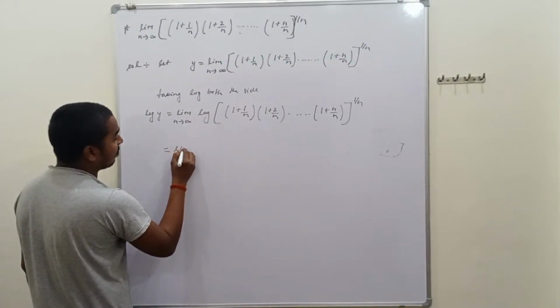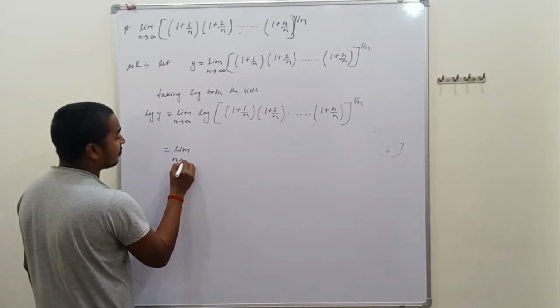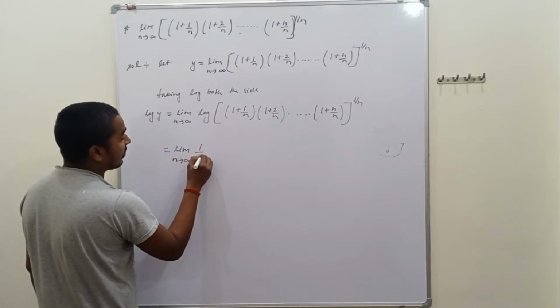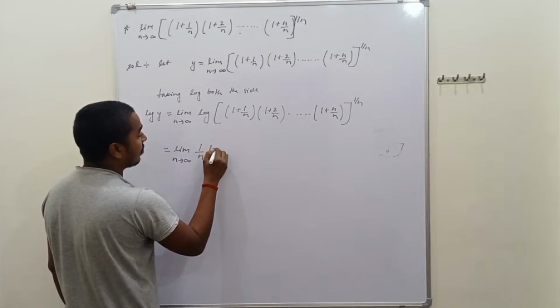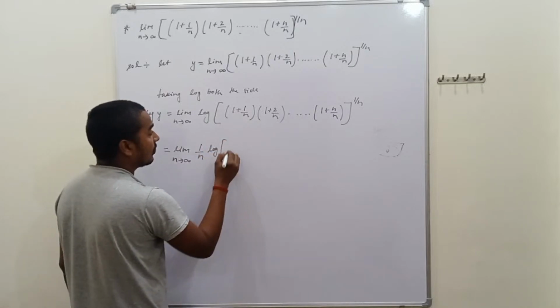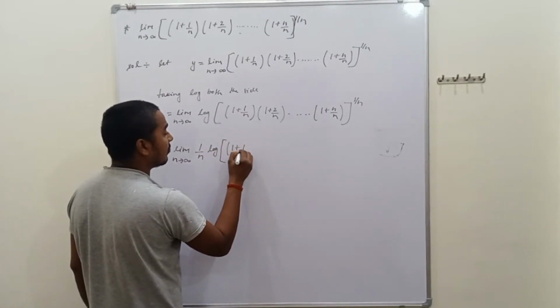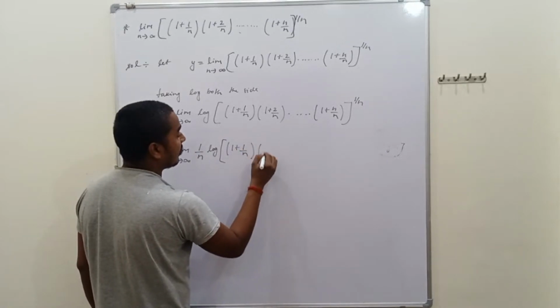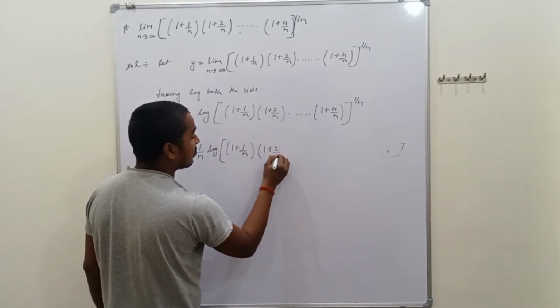that is limit of n tends to infinity 1 by n log of (1 plus 1 by n) and (1 plus 2 by n).